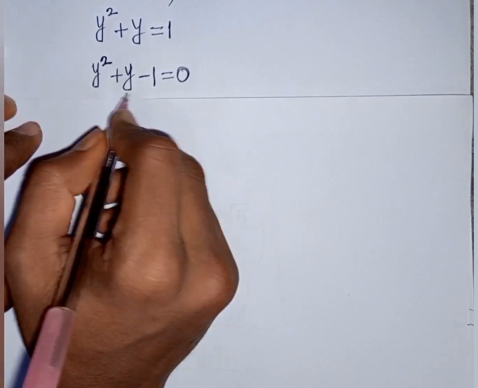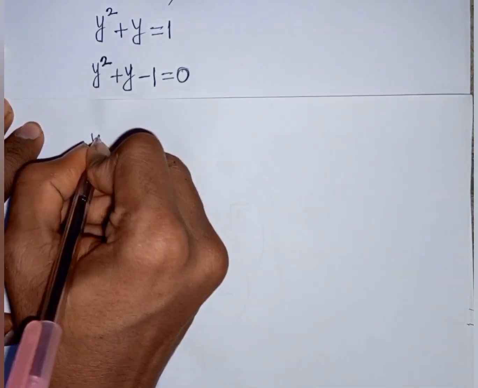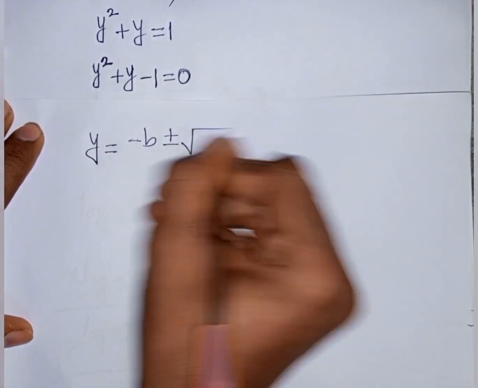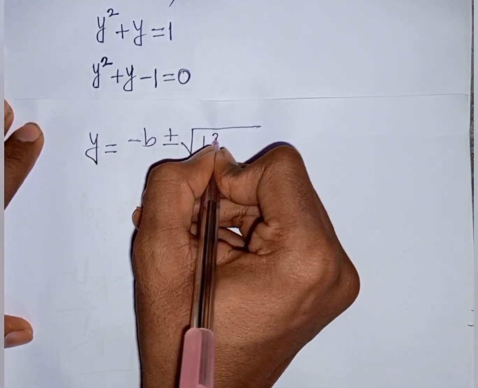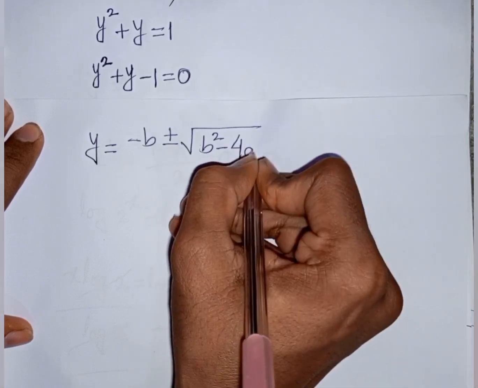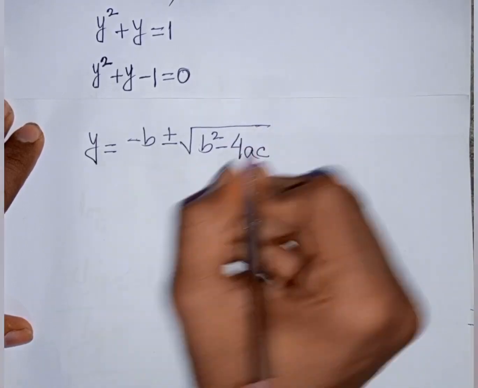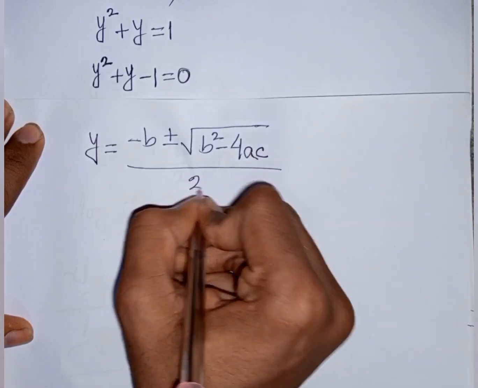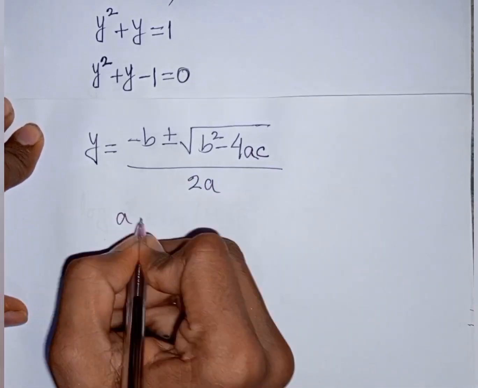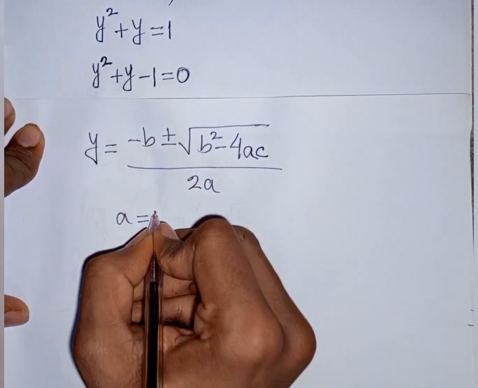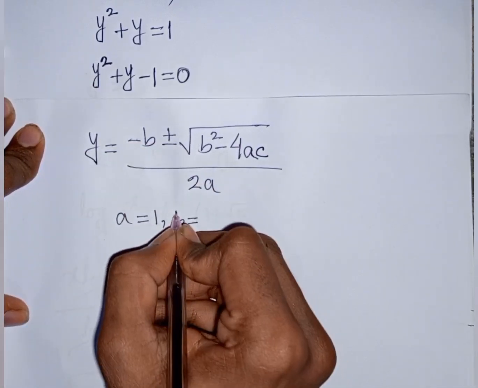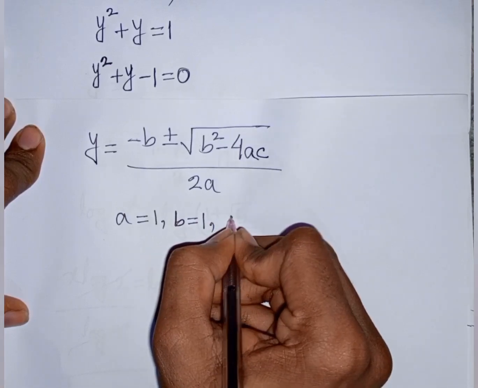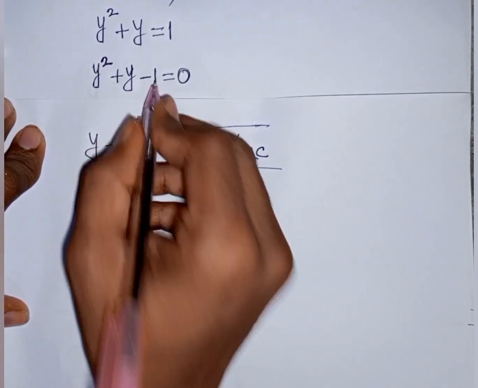Now here I can apply the quadratic formula, so I can write here y is equal to minus b plus or minus square root of b square minus 4ac, divided by 2a. Here a will be equal to 1, b will be equal to 1, and c will be equal to minus 1.